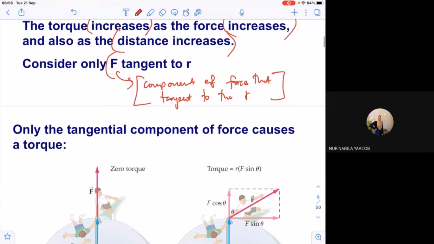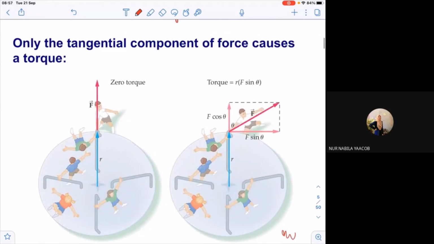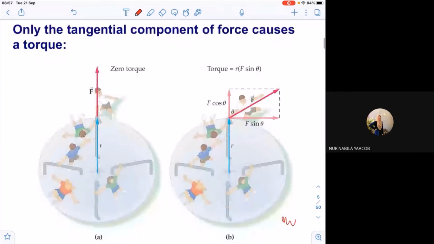Okay, so let's look at the situation here. What is the component of force that is tangent to the R? Let's look at one particular situation. This is one boy and his siblings or brothers.